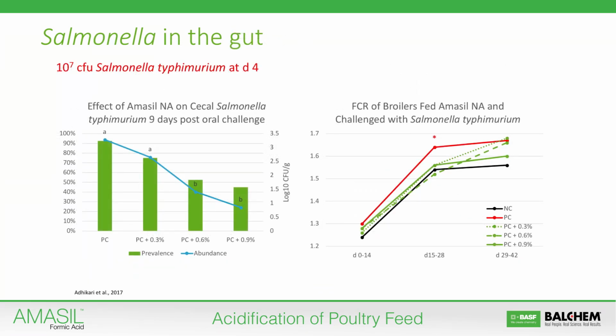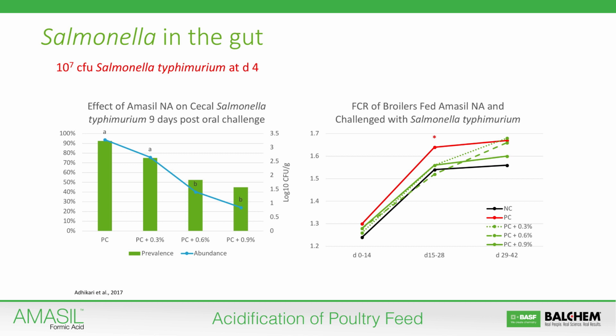Adkari et al. in 2017, this was some data we presented at the Poultry Show in Atlanta in 2017, and what we did in this study was we looked at feed acidification in birds that had been orally challenged with Salmonella typhimurium, and we see reductions in prevalence going from 90% down to less than 50%, Salmonella abundance going from over 3 logs down to less than 1 log, and we also saw improvements in feed efficiency, particularly in the 15 to 28 day period, which was immediately after the challenge event.